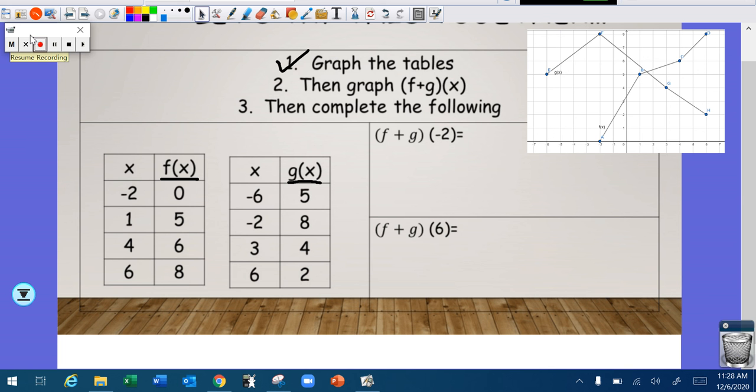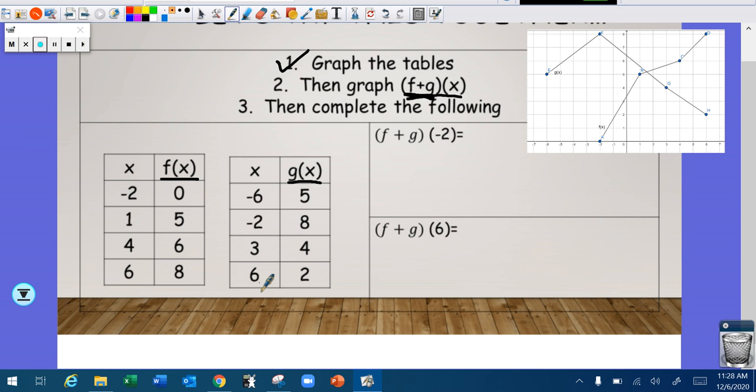Okay, so now that we have our graph, we need to add the two functions together and graph. So if we look, it looks like the only number that these two functions have in common according to our table is 6.